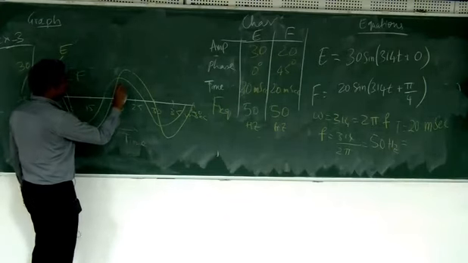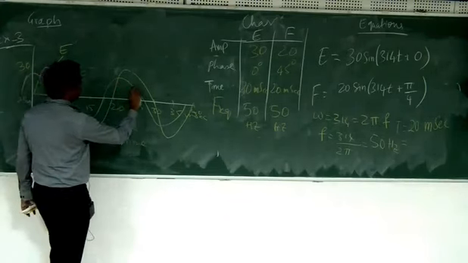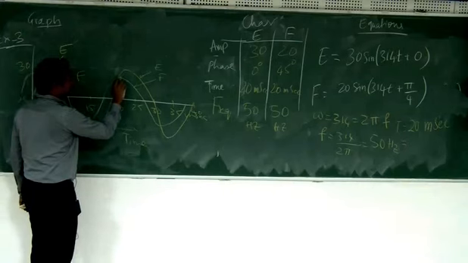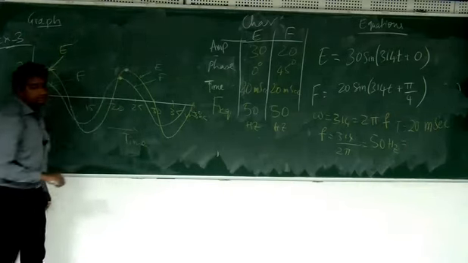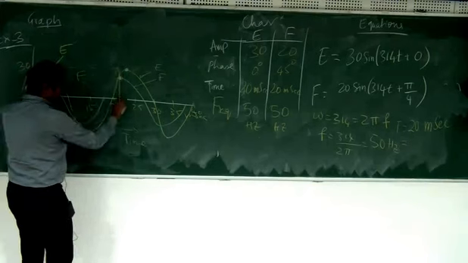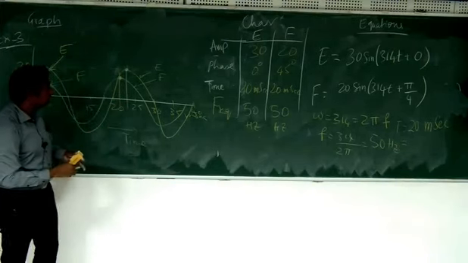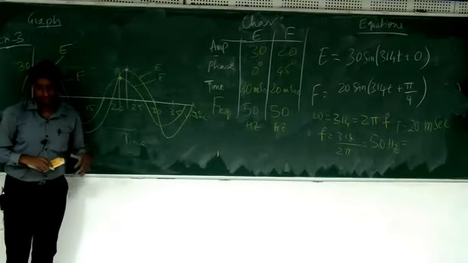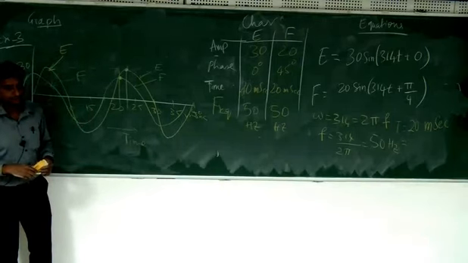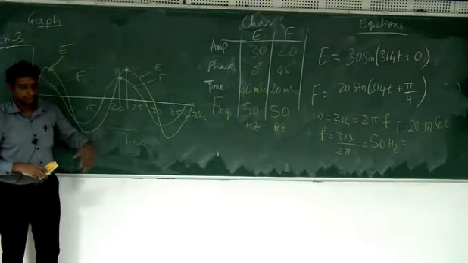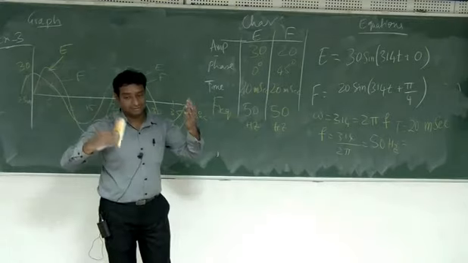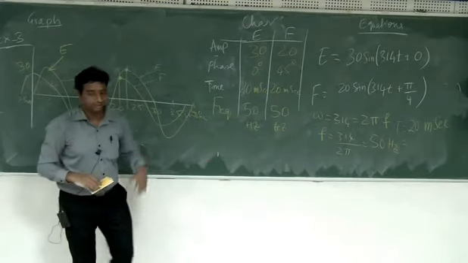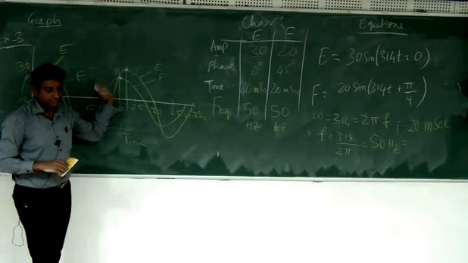The green one is F, and this is E. The maximum point is here, and the maximum point is here. If you look at the time, which one is reaching the maximum point first? Which one is reaching a higher maximum point? That is definitely E. But which one is reaching the maximum point first in time?